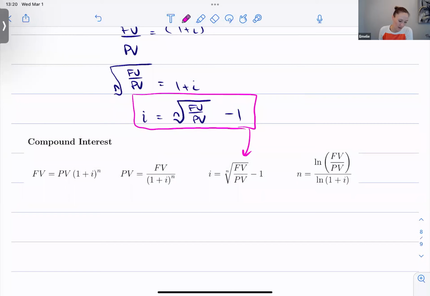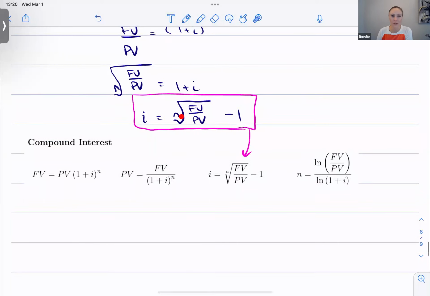And so what will we need to know? How do I enter the nth root on my calculator?